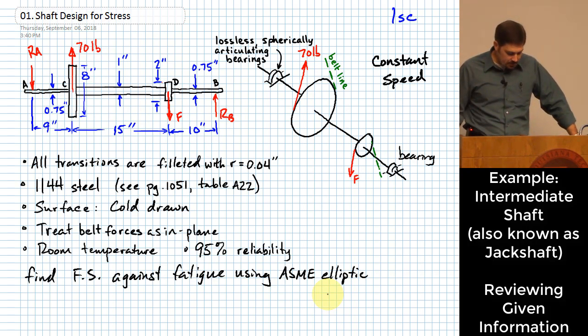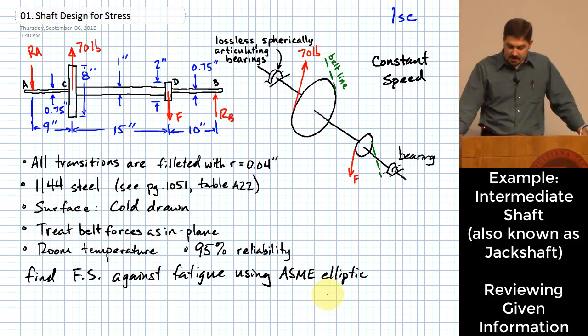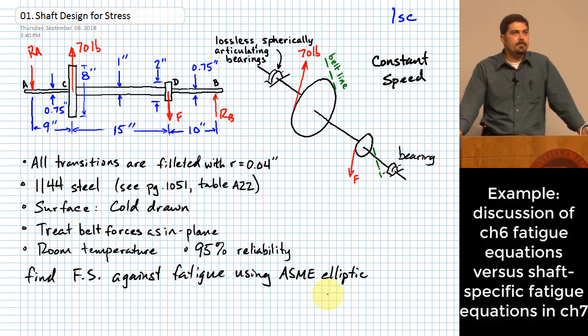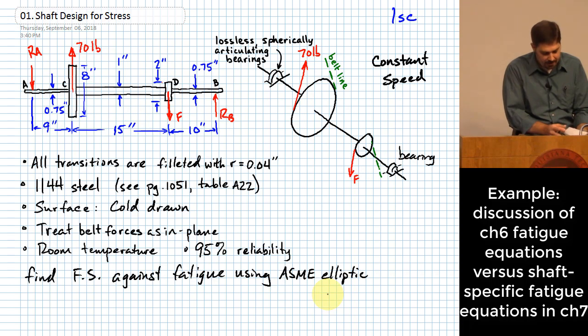We're supposed to find the factor of safety against fatigue using the ASME elliptic criterion. There's a couple of ways we can approach this. One way is to flip back into chapter 6 and find the equations we had for the ASME elliptic criterion. I might even mention the page number real quick.